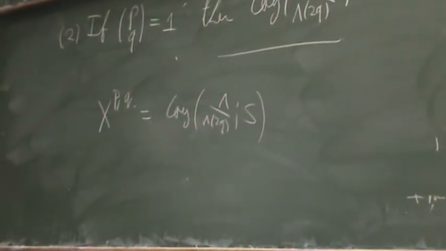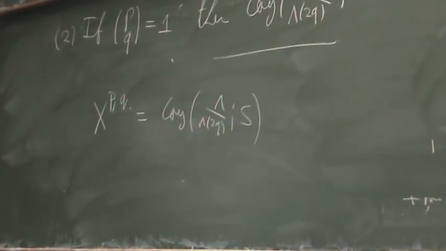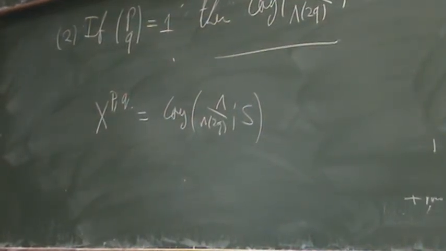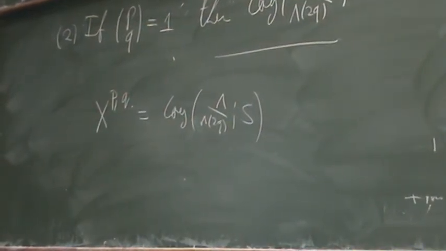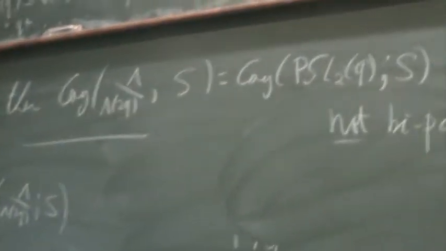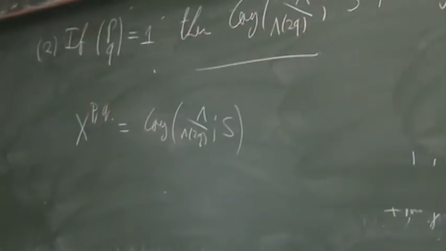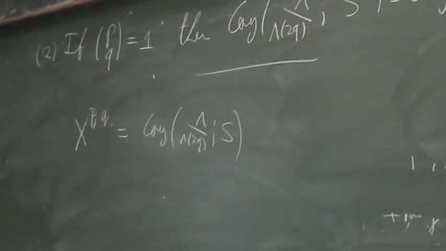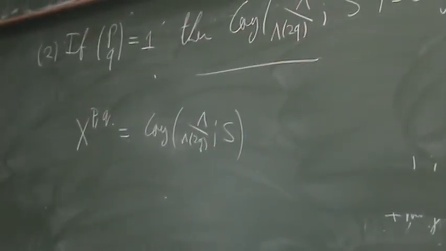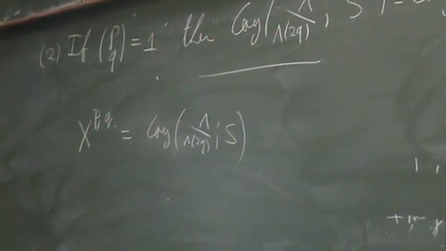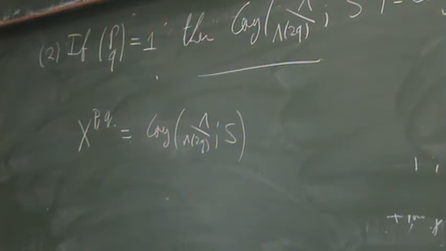And now, wait, is what you said enough to state that it's not bipartite? Yes, because that's exactly what I said. Assume you have a Cayley graph which is bipartite. Then the group must have a subgroup of index 2, one side being the subgroup and the other side the rest.